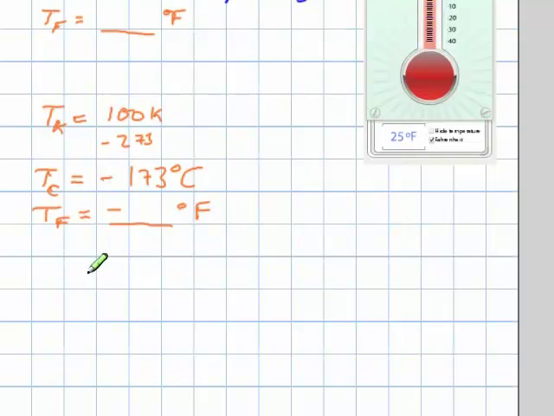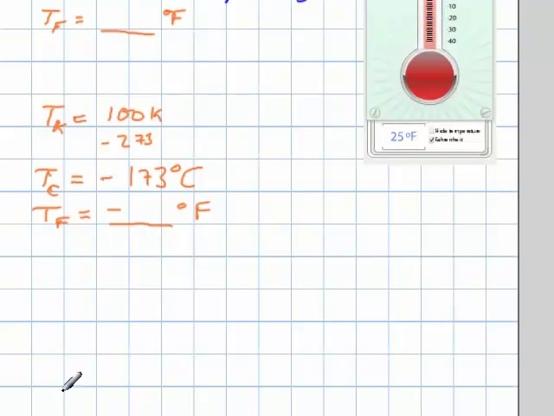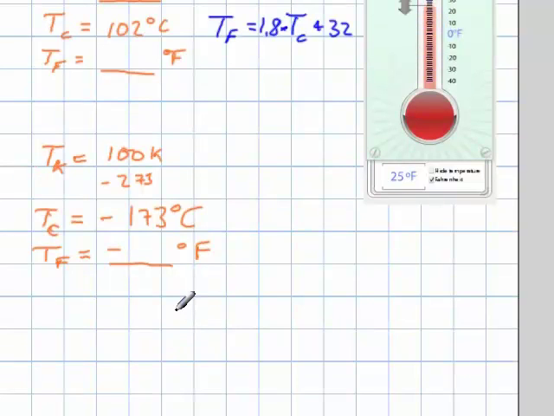There we go. So this is besides the problem that I just did. Let's say we have a Celsius temperature. Ooh, maybe I didn't want to do that. Okay, I'll try another color here. Let's say I have a temperature of 74 Fahrenheit.